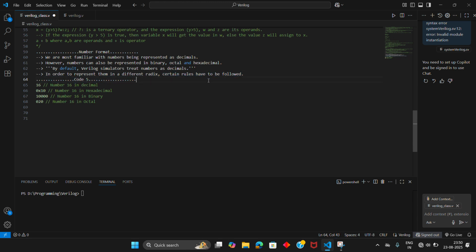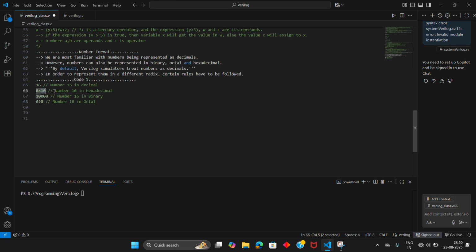So, as per C, if you want to represent a decimal number, we represent 16 as shown here in decimal. To represent a number in hexadecimal, you have to use 0x followed by that particular number.